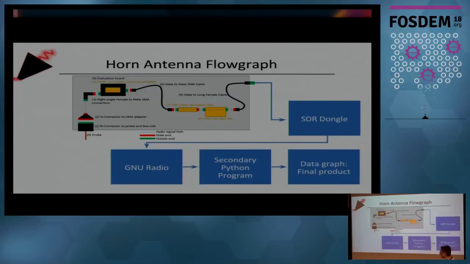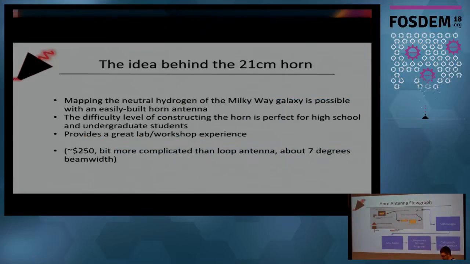You don't have to do the ham it up stage in this case, because, as I'll show you in a minute, it will be for detecting the hydrogen lines, but you have to make sure that you have the signal properly amplified and matched and all those things. But in the end, you end back in the SDR dongle, go to GNU Radio, run a Python program over it, and take a look at the results. So in that respect, it's very similar.